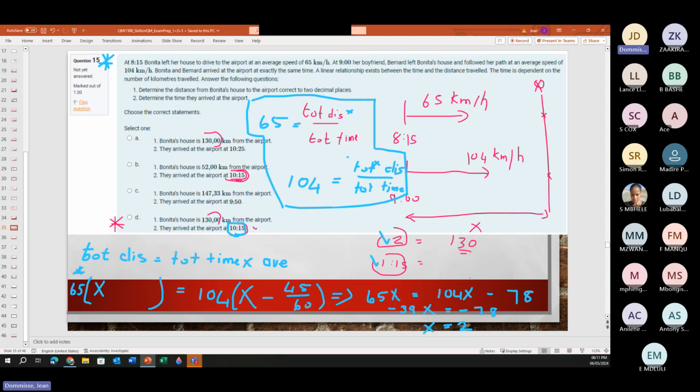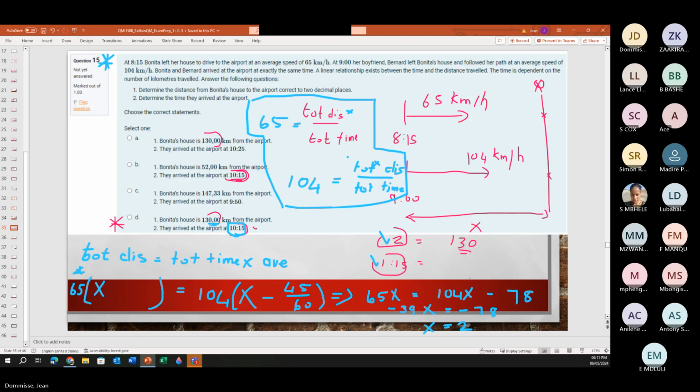Or they should have given you the distance, but now that we know the time is 2, we can work out the distance: 2 times 65 will give us 150.